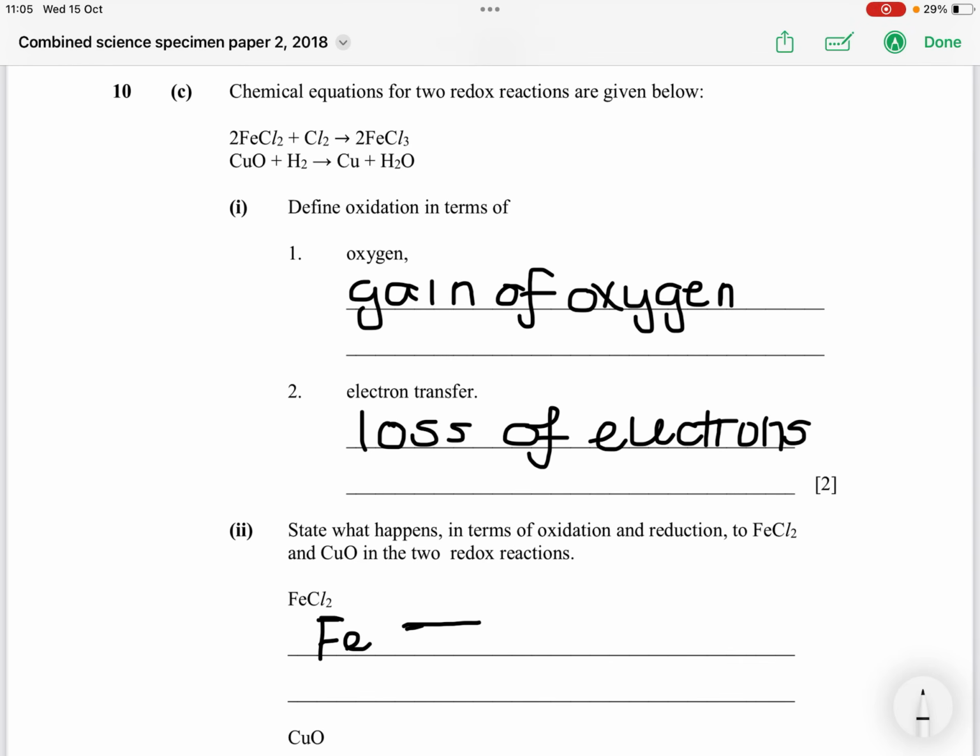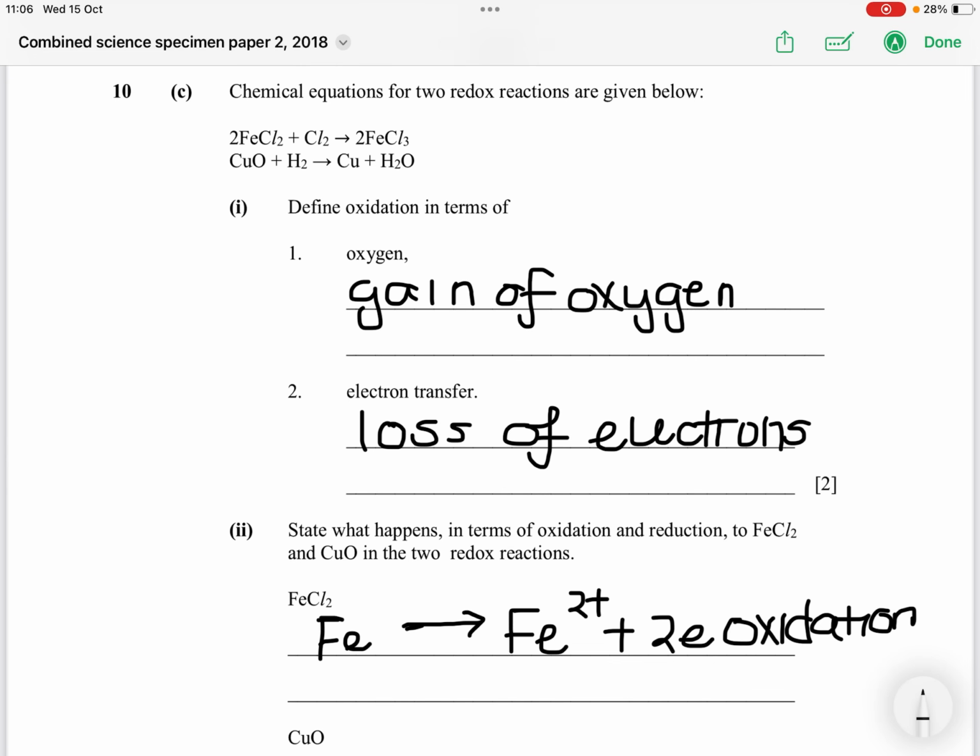We are having the iron. It is going to be oxidized so that we have the iron 2 plus, plus 2 electrons. This iron has lost the 2 electrons. So oxidation has occurred. And then, so we write oxidation here, right?